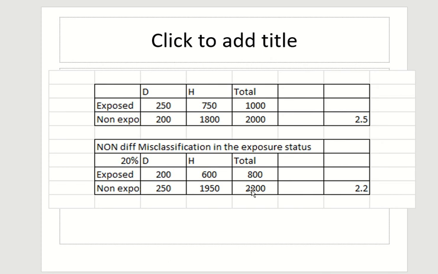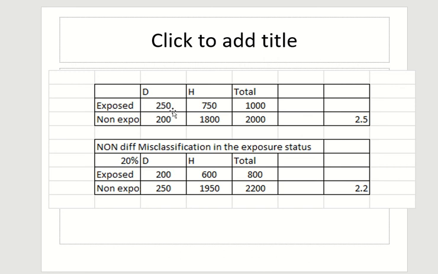This misclassification is said to be non-differential, meaning that this 20% in total is going to be non-differential between the disease and the healthy. In other terms, I'm going to take 20% of the diseased and put them down, and 20% of the healthy and put them down. So 20% of 250 is 50.